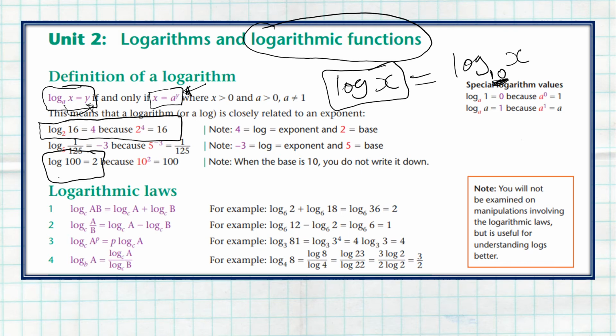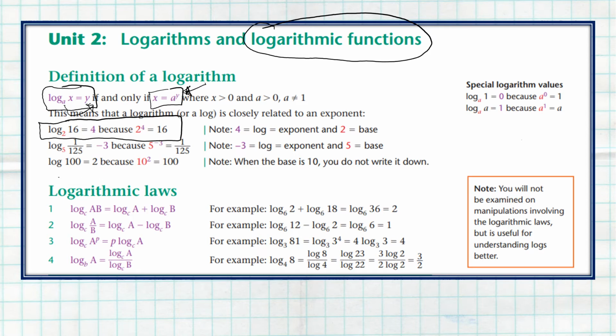Just like in square roots, they can put a square root without putting a 2 there, but you know in your mind there's always a 2. Same with logs, there's always 10 there. In this last example, it says log 100 equals 2, right? So there is always a 10, even though they didn't put it.